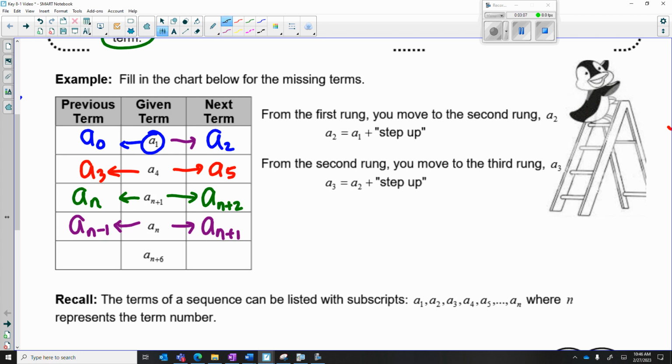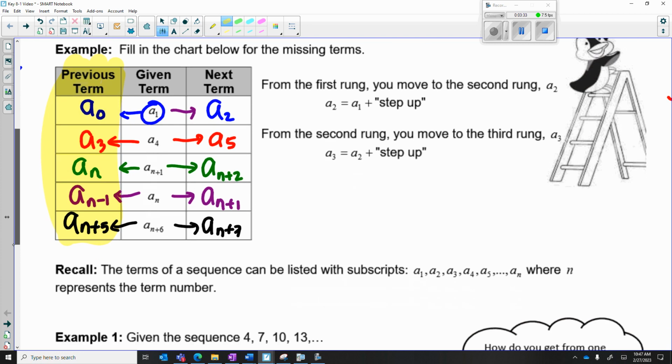One more, A n plus 6, the next one after it would be n plus 7. So the one before it would be n plus 5. Keep that in mind with the subscripts. We would just be either adding 1 or subtracting 1. And if we're using the previous term, which we are in these formulas, we're going to go backwards 1 term to define our formula.